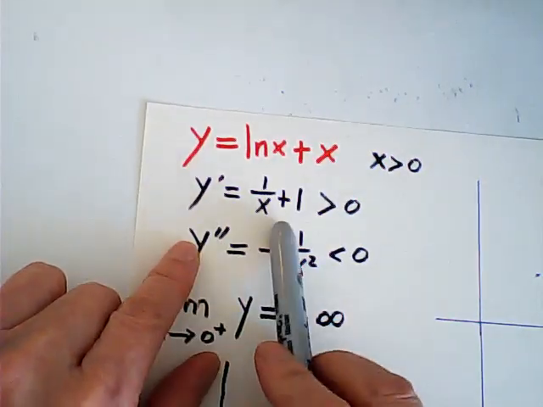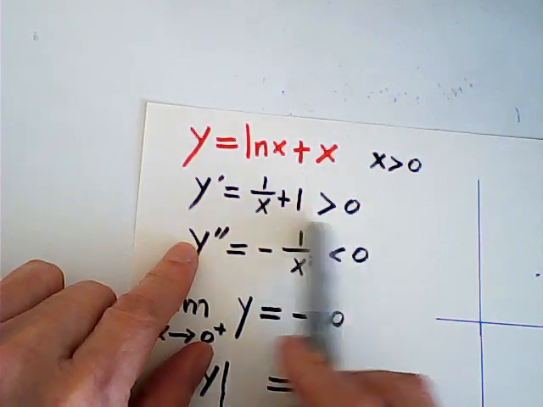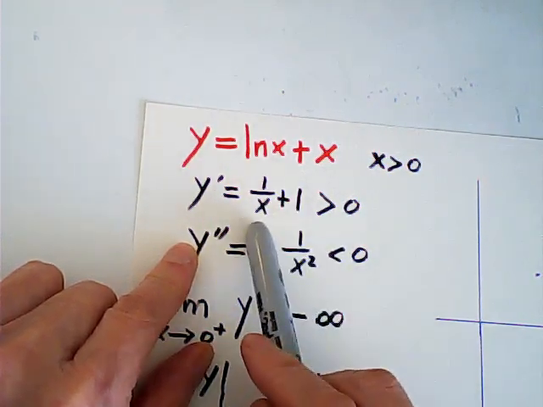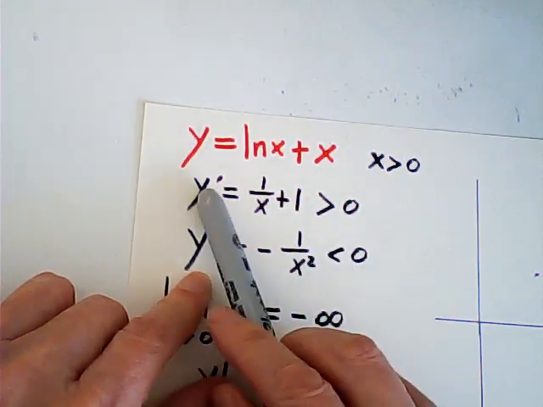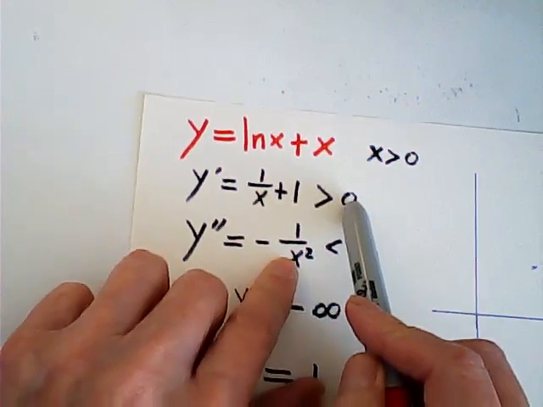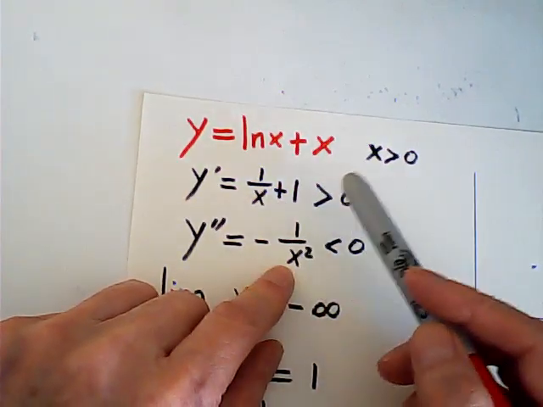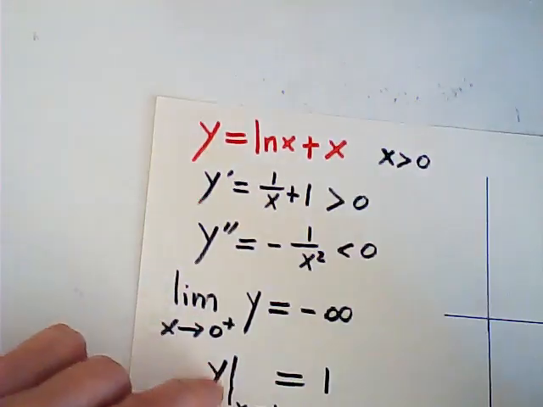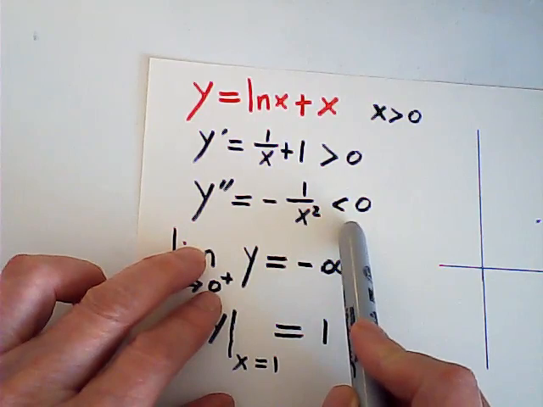Now the first derivative is this. This one is always positive because x is positive. X is never negative. So the first derivative is always positive. Meaning the function is monotonically increasing in its domain. The second derivative is always negative.